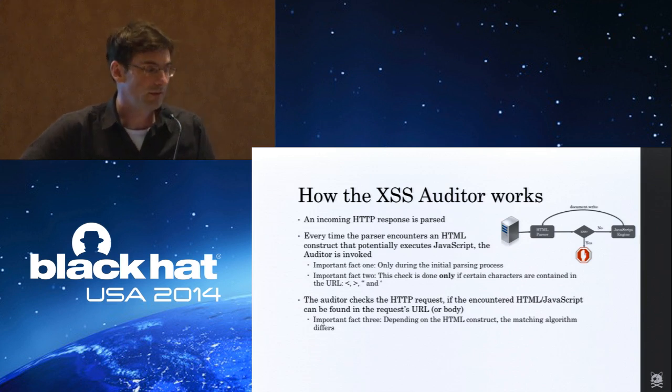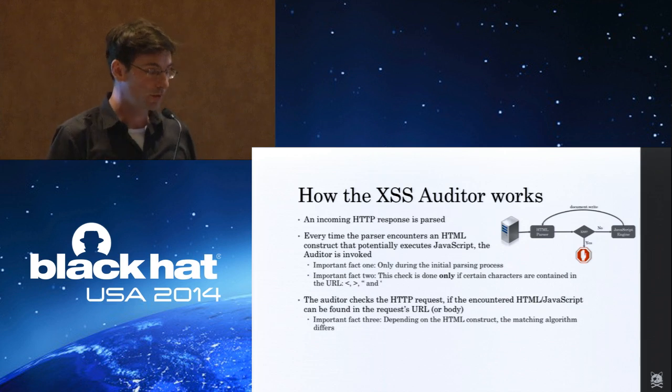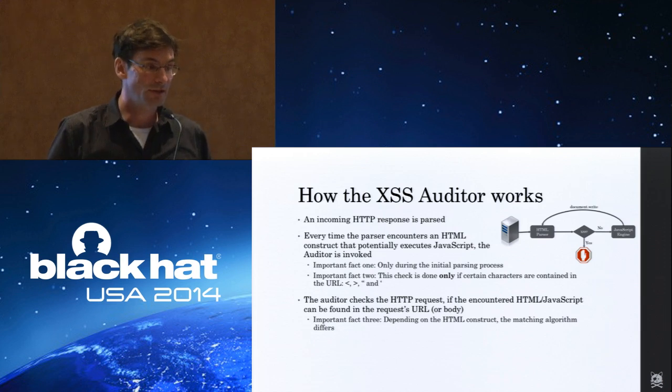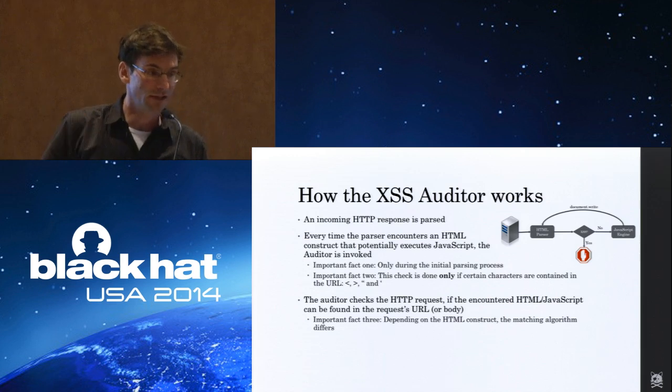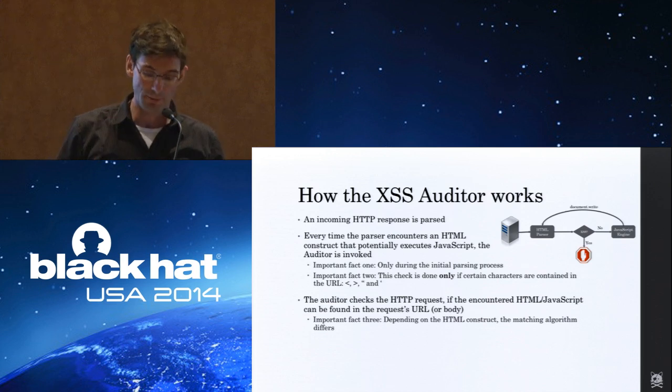If these two conditions are met, so if the auditor says, okay, here's a JavaScript carrying construct, and the preconditions for a potential injection are present, then the auditor does the matching process. So it takes the JavaScript that you just found during the parsing process and checks for this JavaScript in the URL and for post requests in the post body.